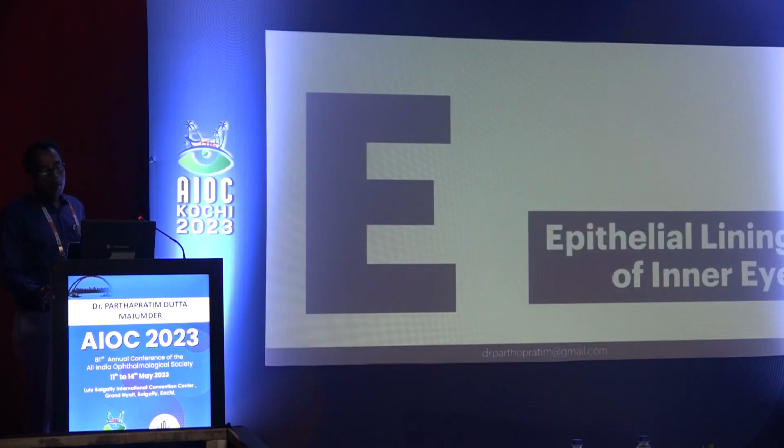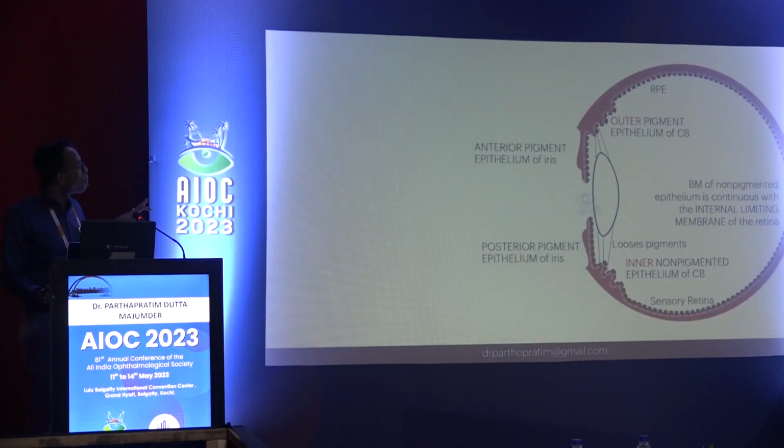So next we'll move to the epithelial lining of the inner eye. What are the epithelia that line the inner eye? That is very interesting. You have to remember that the anterior pigment epithelium of the iris continues posteriorly as the outer pigment epithelium of the ciliary body, which further continues as the retinal pigment epithelium. Clear?